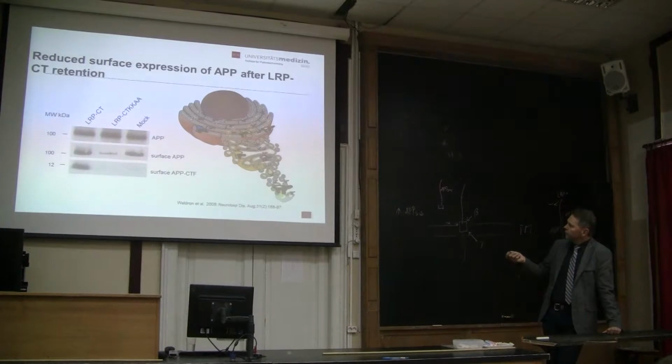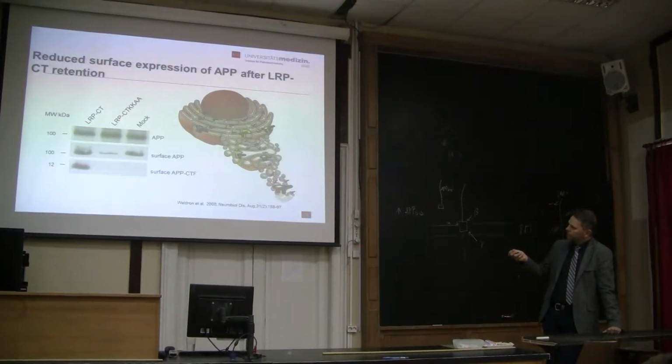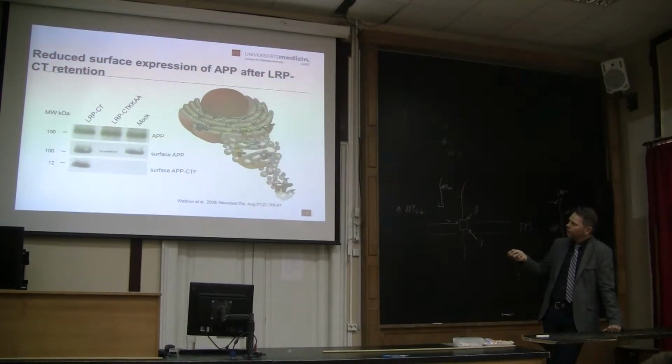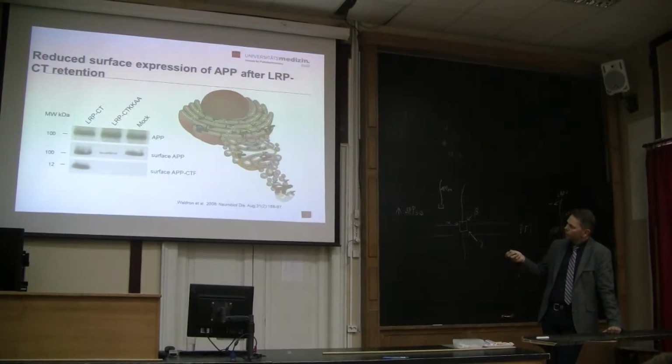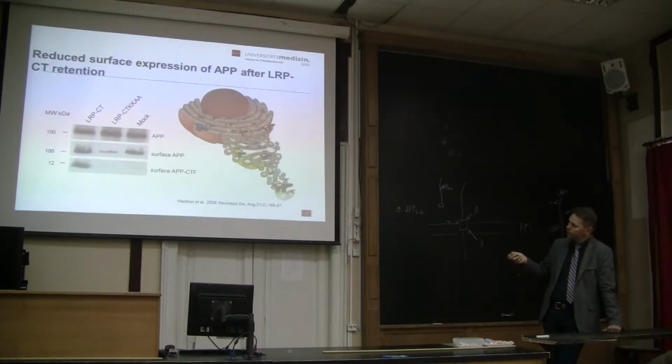When you show that on a biochemical level here with surface biotinylation experiments, we have either mock transfected cells, or cells transfected with our LRP retention construct, or with our normal rescue construct for LRP. This is what happens. Under normal conditions, you have a certain amount of APP at the surface. When you retain LRP in the ER, you have much less APP at the surface.